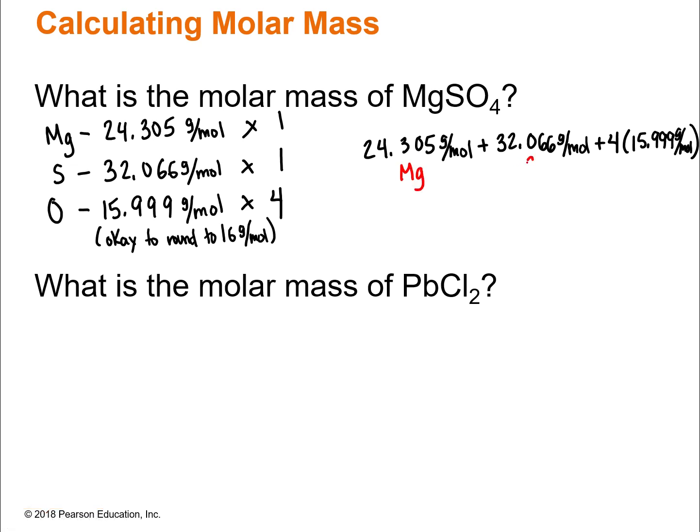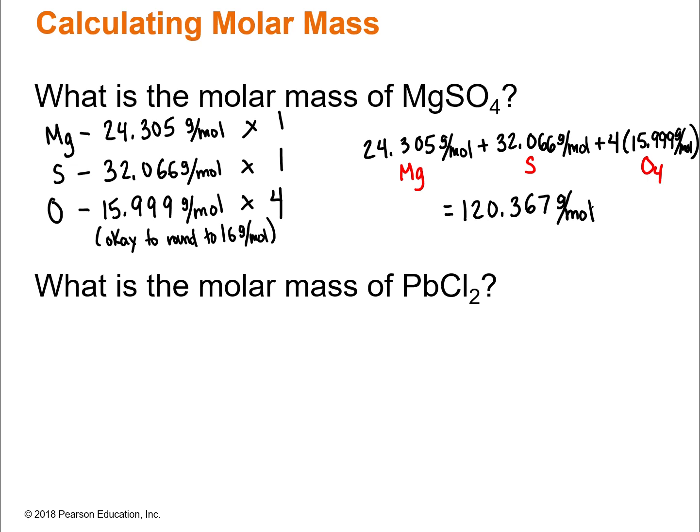So that's the magnesium, the sulfur, and the O4. When you add all that up and you take into account sig figs, which I'm not going to be too stringent on when it comes to molar mass, you should get something in the ballpark of 120.367 grams per mole.